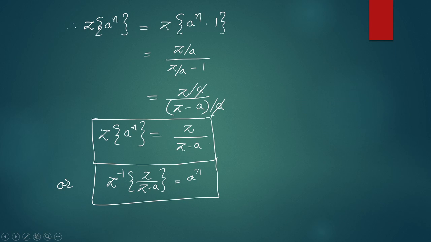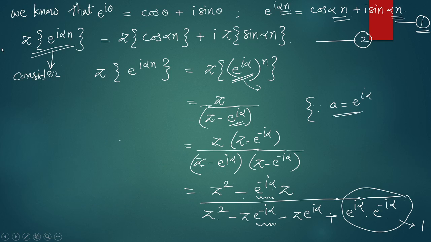Then Z transform of a to the power n, we write down in this form, and Z transform of 1 is z upon z minus 1, and then we replace the z by z by a, therefore we get this term, and z transform of a to the power n is z upon z minus a. And if we write down this in terms of z inverse, z inverse of z upon z minus a is a to the power n.